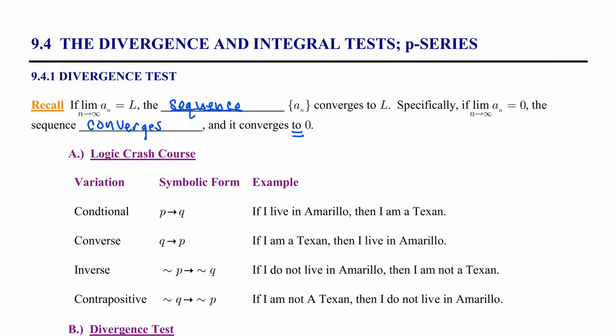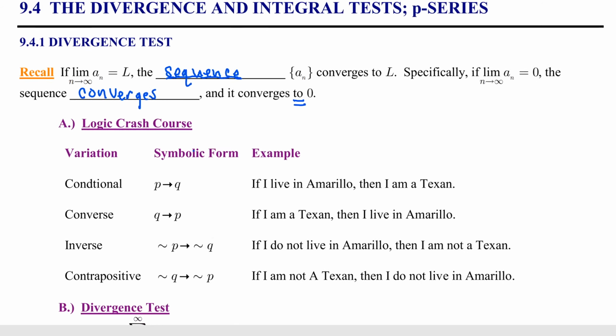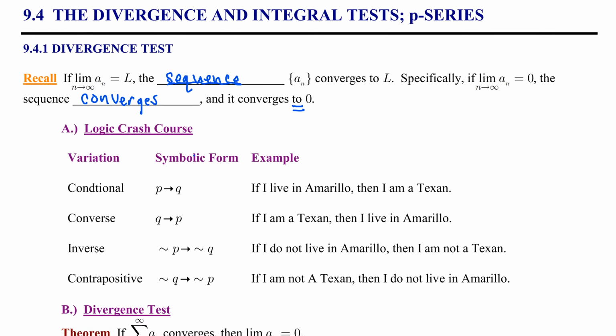So to introduce the divergence test, I want to talk to you a little bit about logical connectives. Let's go through a quick logic crash course in preparation for understanding the divergence test. In your math classes, in your textbooks, you've probably read a lot of statements of the form, if something, then conclusion, right?